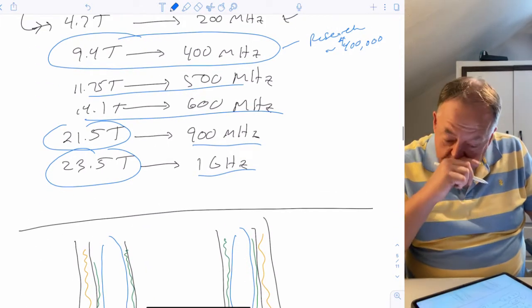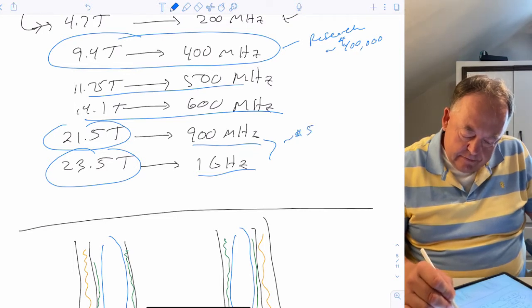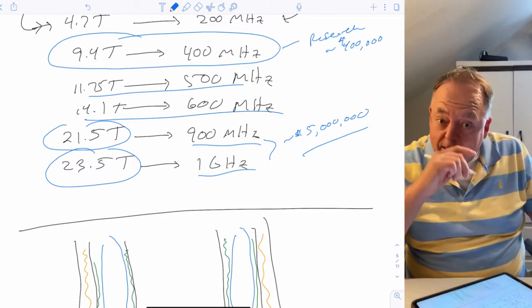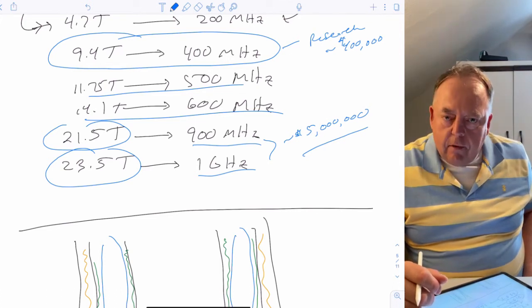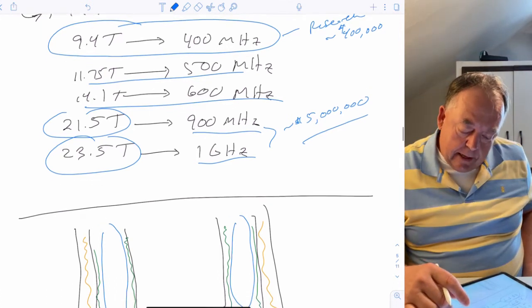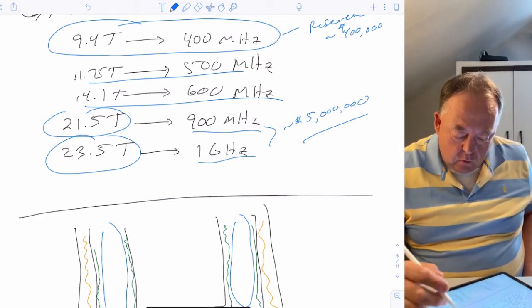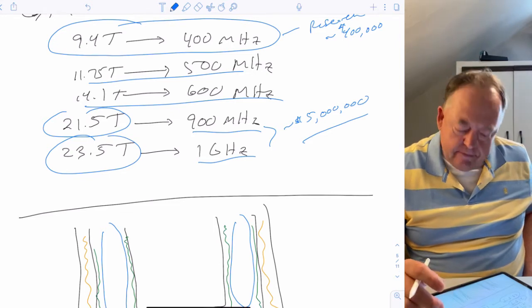Then if you get to the really top of the line instruments, these instruments cost about $5 million. So pretty pricey. Not everybody has a 1 gigahertz NMR, and to the best of my knowledge, there's only 2 in the world. One of them was in Europe, and one of them was at the Scripps Research Institute in La Jolla, California.